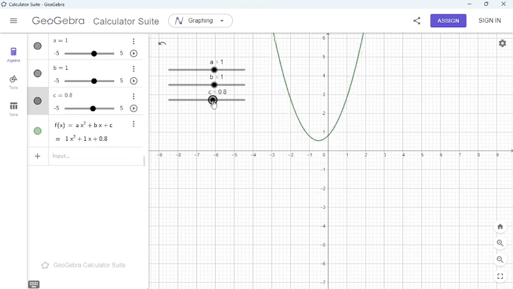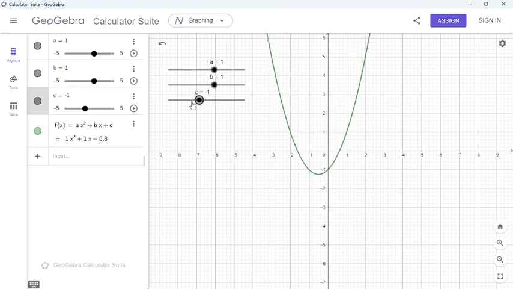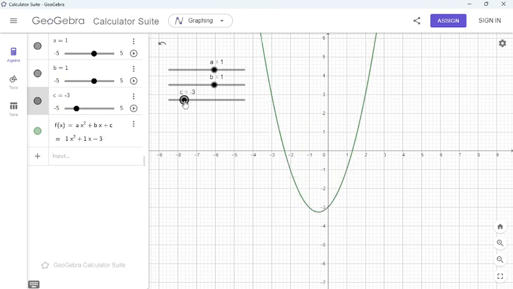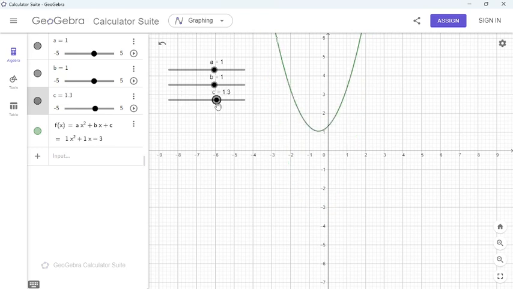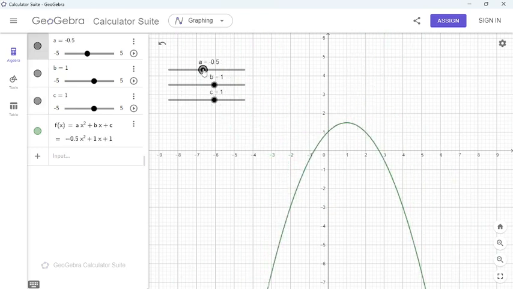So that is the effect of the parameters. How do they behave if you need to sketch a graph? The important thing is the signs. If C is positive, then the graph will be above there. If it's negative, you can see that the y-intercept will be under. The same thing, of course, can happen when A is negative.